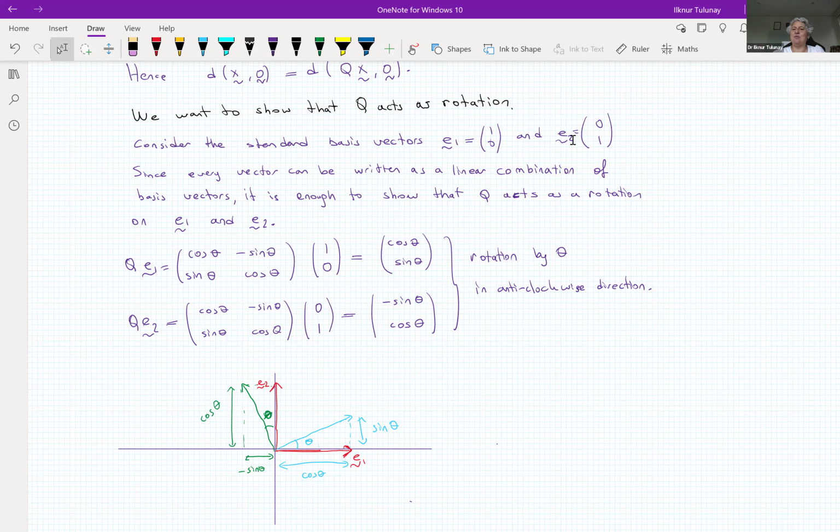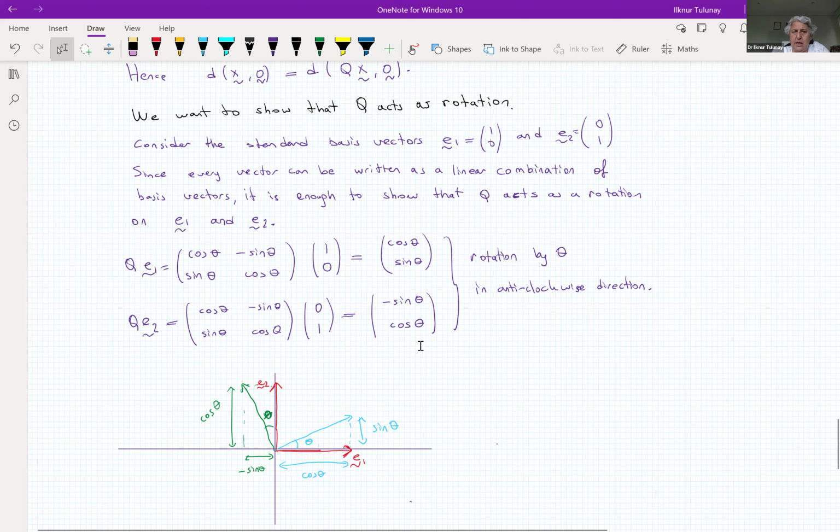So it is enough to look at how Q acts on the standard basis elements, because all linear combinations of them will give you the whole space.